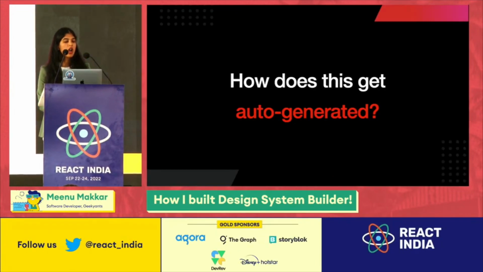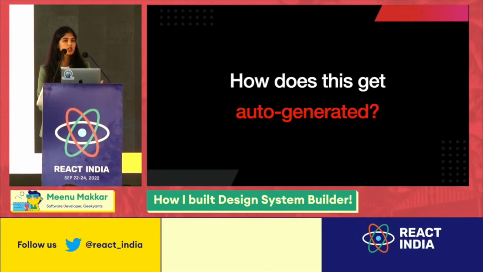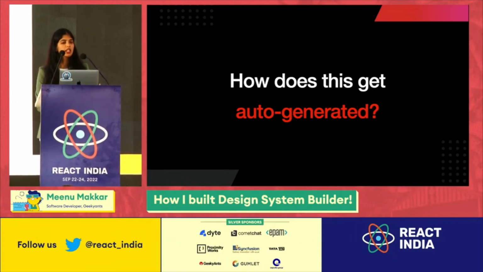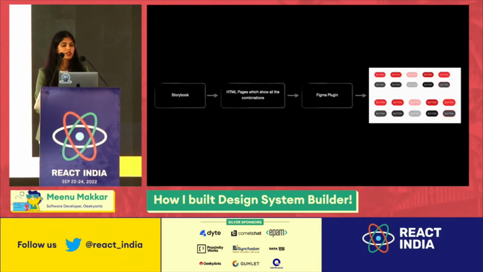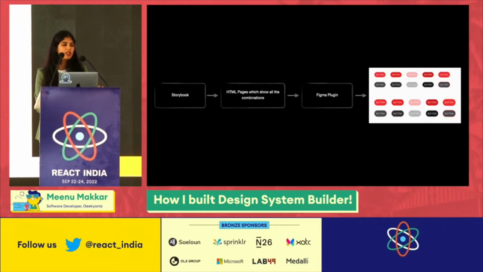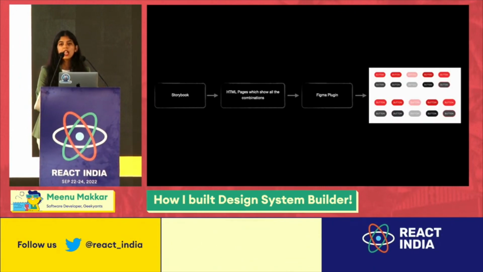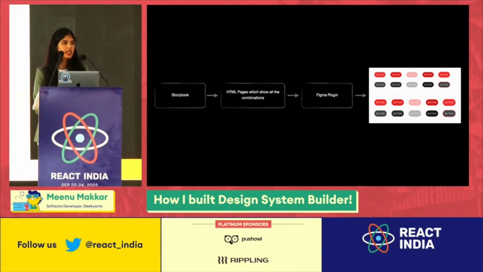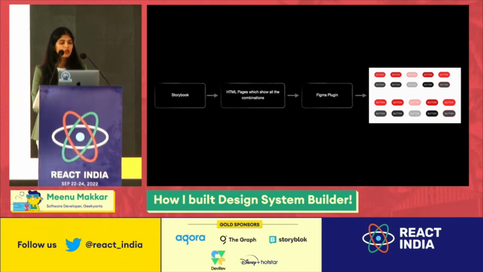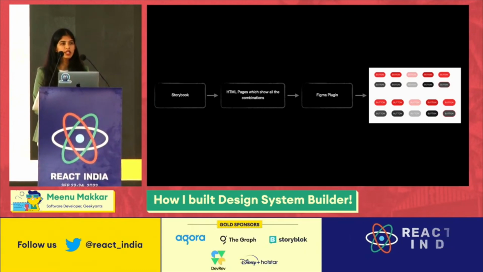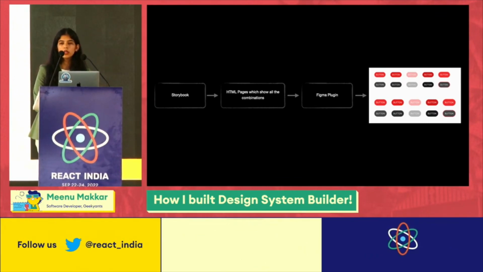So how does all this flow work with Figma? How does this get auto-generated? We have a Storybook and a component library for the developers to work on and add custom components as well. To create a Figma component library out of it, we should have all the visual variants of all the components.